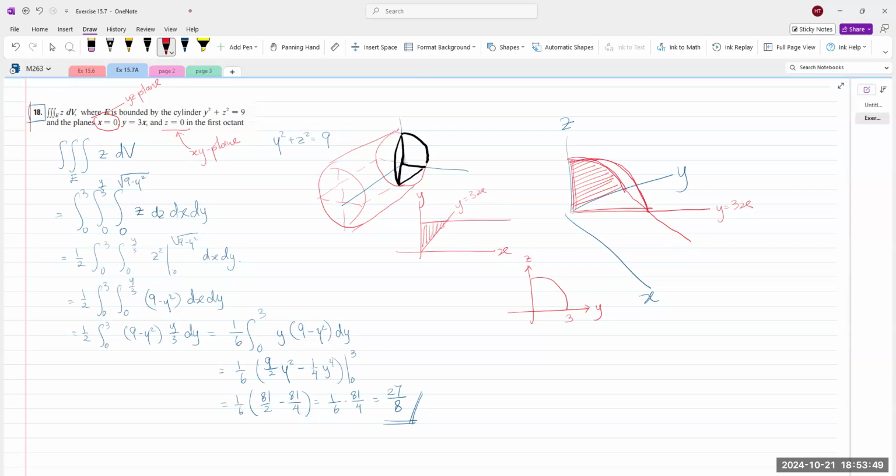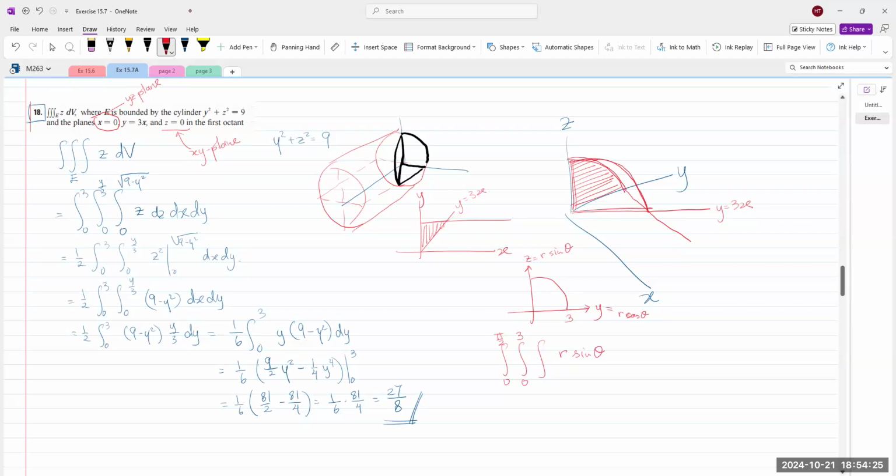Okay, so I can actually rewrite the integral using polar, from 0 to pi over 2, and r from 0 to 3. Where I say y is r cosine theta and z is r sine theta. So the integrand here becomes r sine theta for the z.